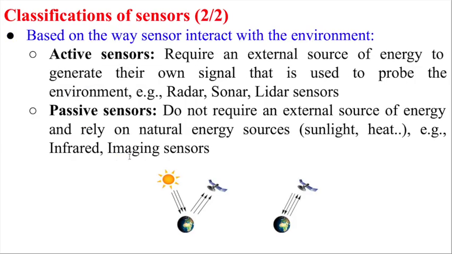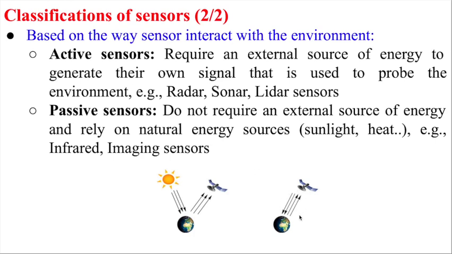This is the last classification, a very interesting one. We can classify the sensors based on their resources, that means their energy, whether they have some energy source or not. So one is the active sensor, the other one is of course the passive sensors. Active sensors require an external source of energy to generate their own signals that are used to probe the environment.